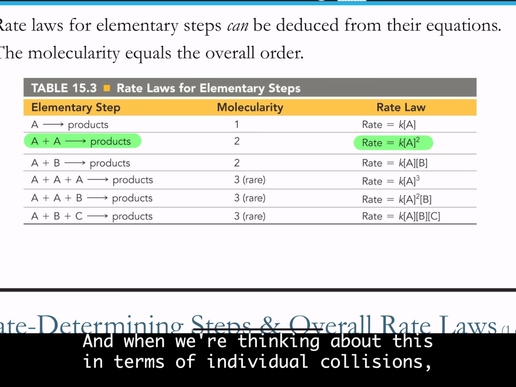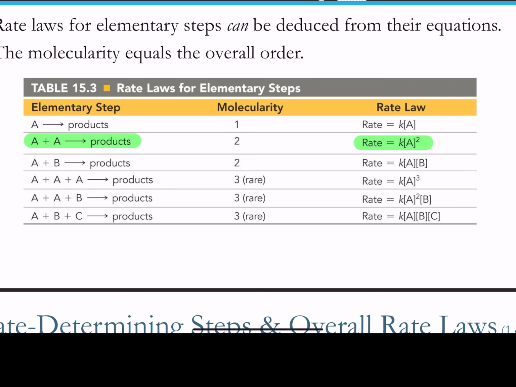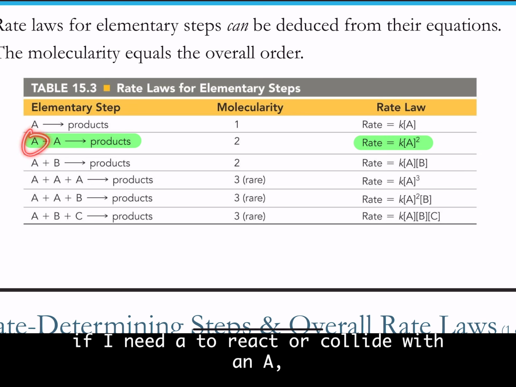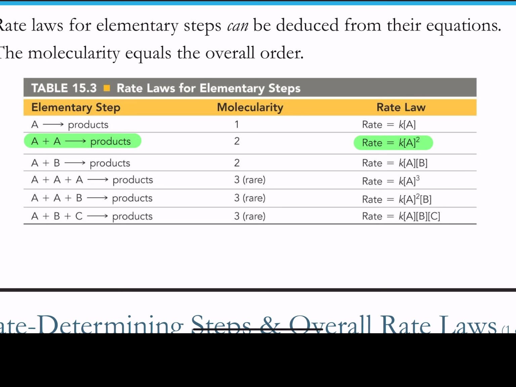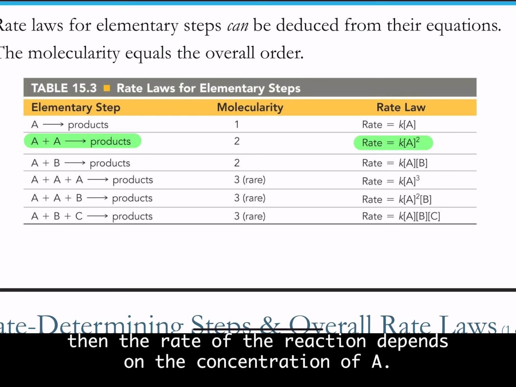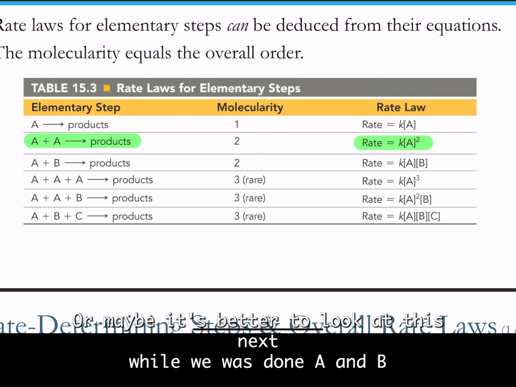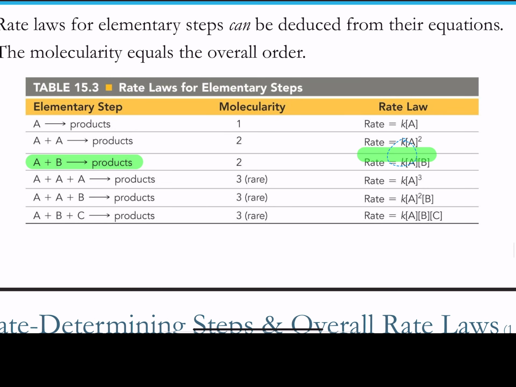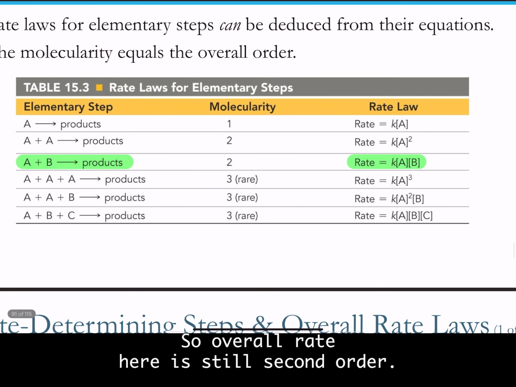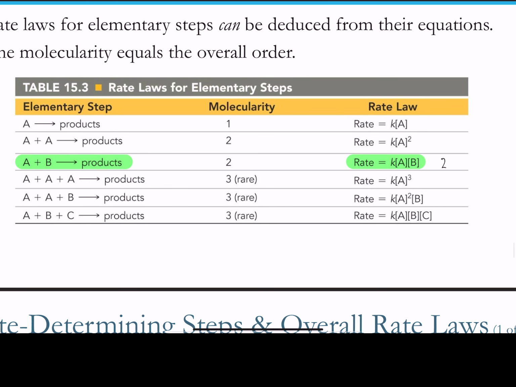And when we're thinking about this in terms of individual collisions, if I need A to react or collide with an A, then the rate of the reaction depends on the concentration of A. Or maybe it's better to look at this next one. Let me move this down to A and B. Right, so overall rate here is still second order.